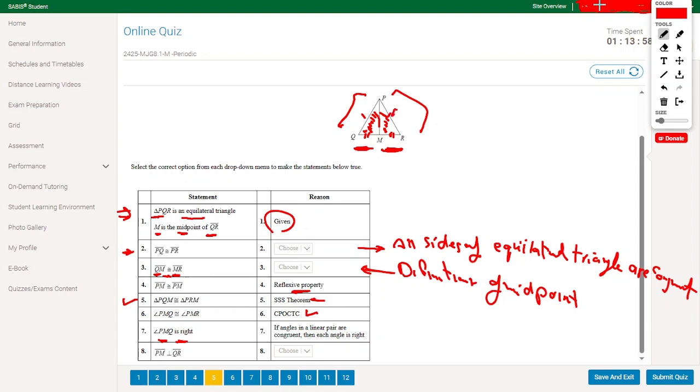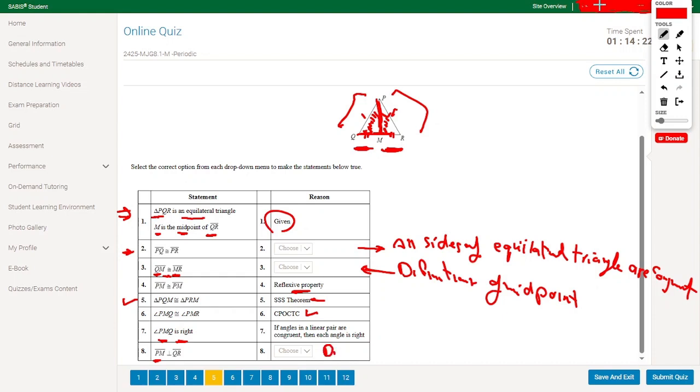Because these angles in a linear pair are congruent, then each angle is right. And so BM perpendicular to QR, and this is the definition of perpendicular line.